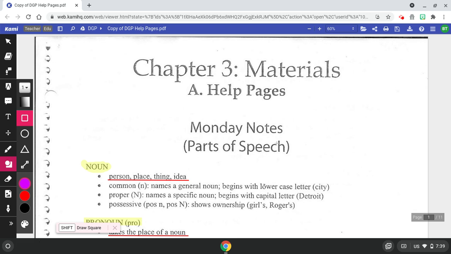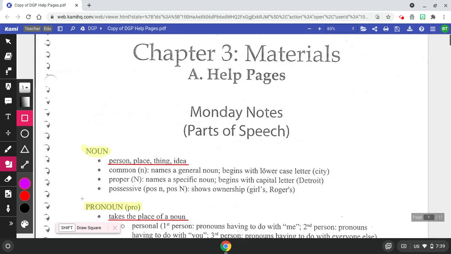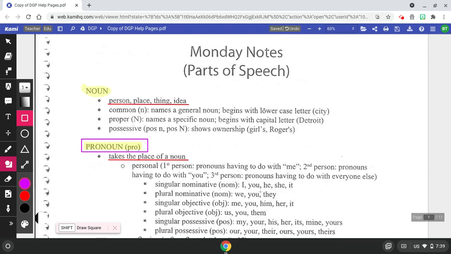So when I say a word given to you, you're going to have a sentence, and all pronouns are given to you. So we're going to put a box there. What do I mean by they're given to you? Well, let's look here. We have I, you, he, she, it, we, you, all those words.